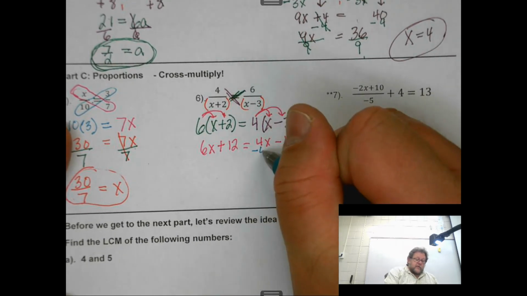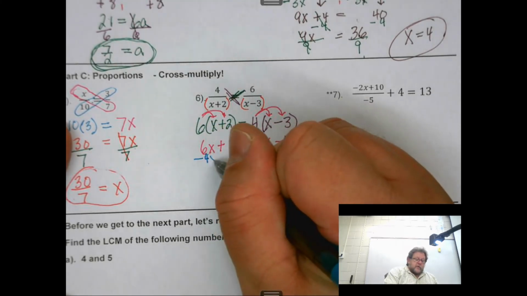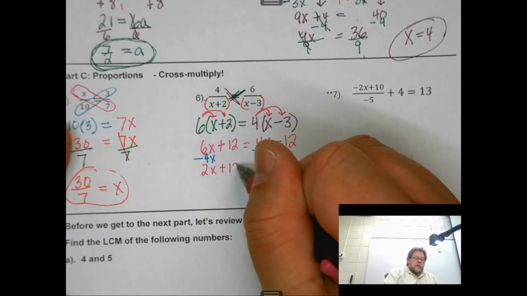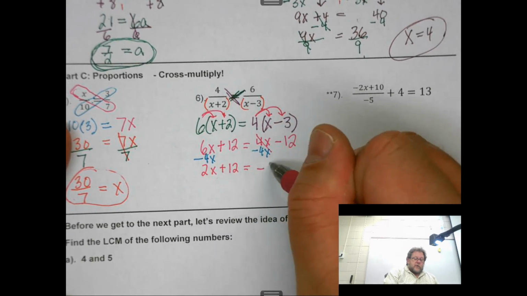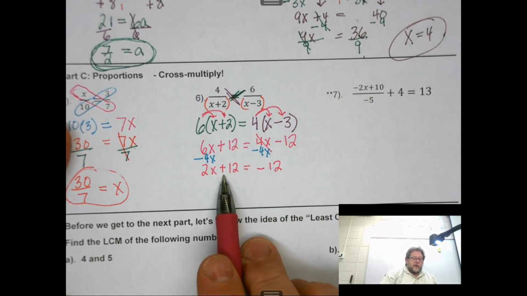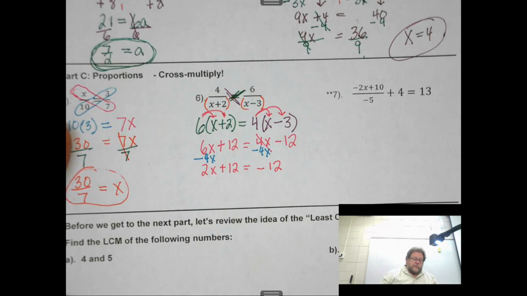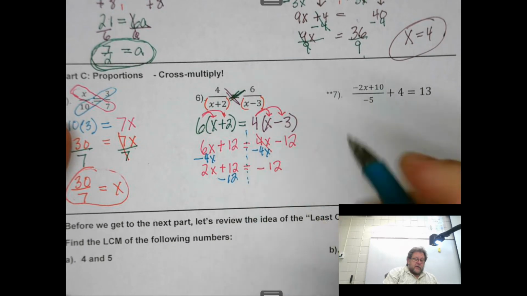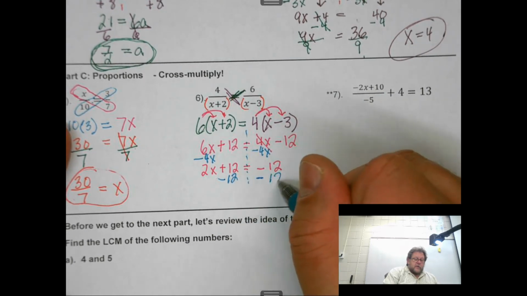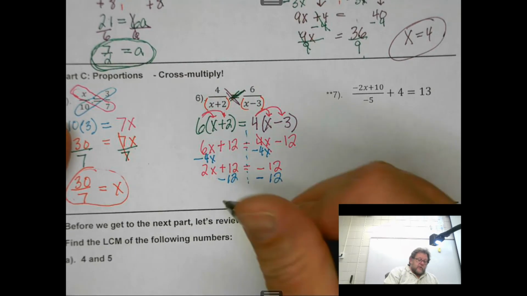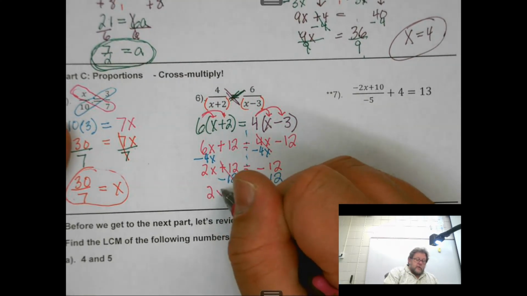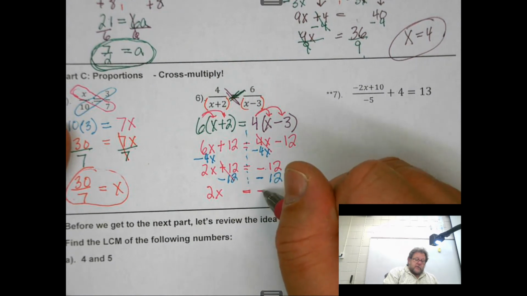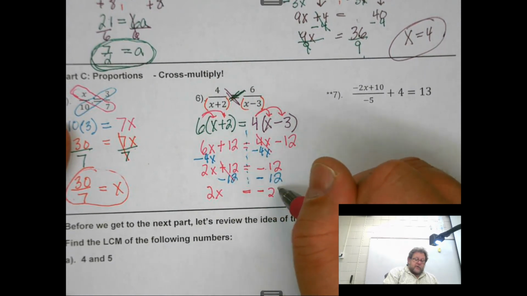Here, I'm going to undo positive 12 by subtracting 12 from both sides. Again, if it helps you, put the dotted line there. So I get 2x equals, this is not 0, negative 12 minus 12 is negative 24. Divide both sides by 2, the coefficient, and I get x equals negative 12.